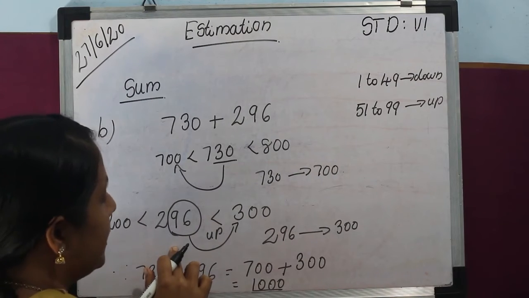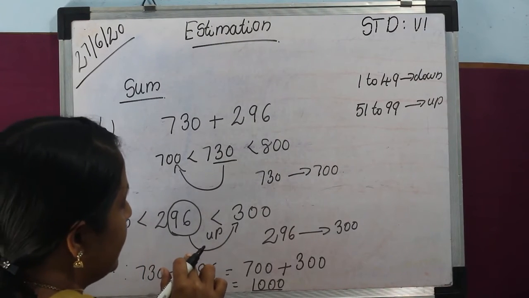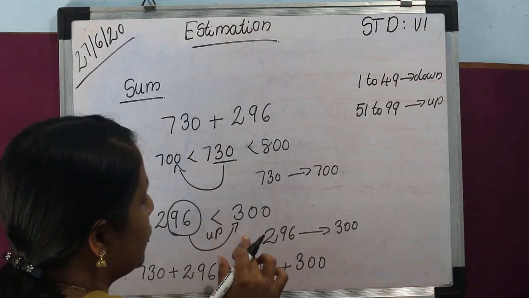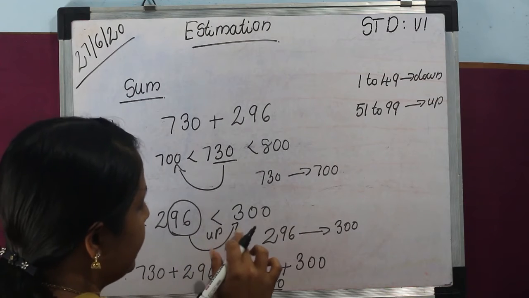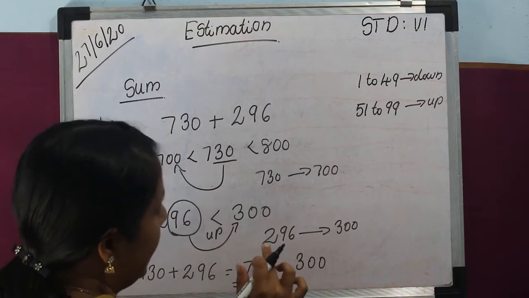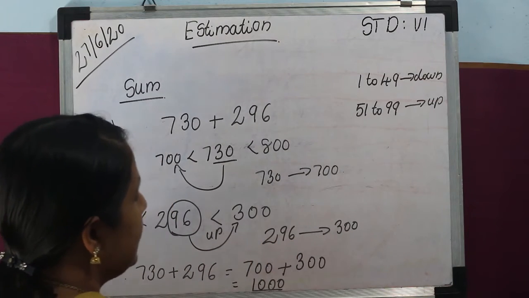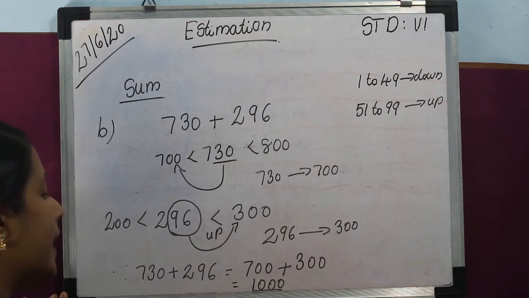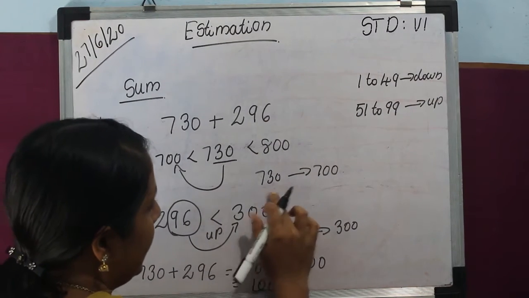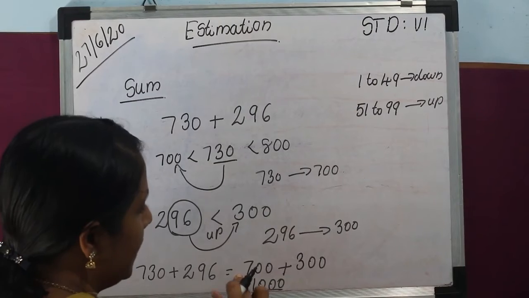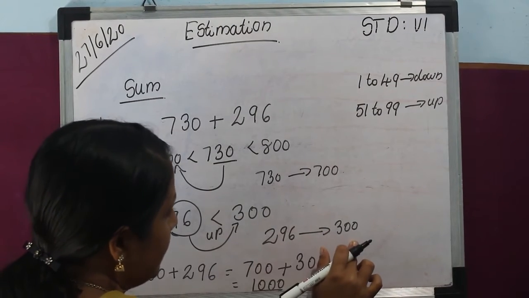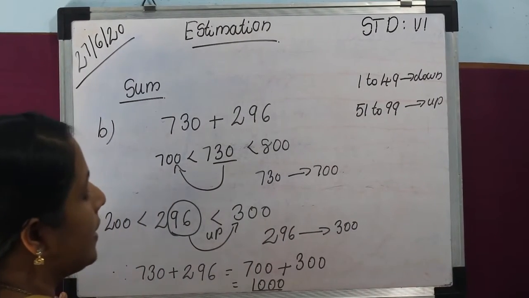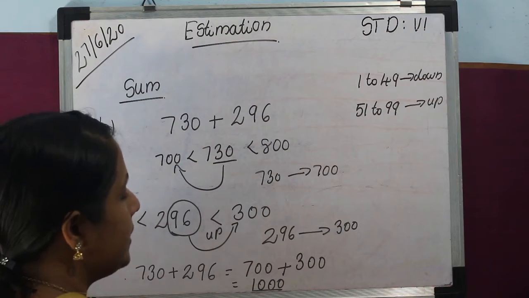Then we take the number 96. Then 96 is rounded up to the next number. That is, 296 is rounded up to 300. Then write the question 730 plus 296. In the place of 730, now we get 700, and in the place of 296, now we get 300. Therefore, 700 plus 300 equal 1000.